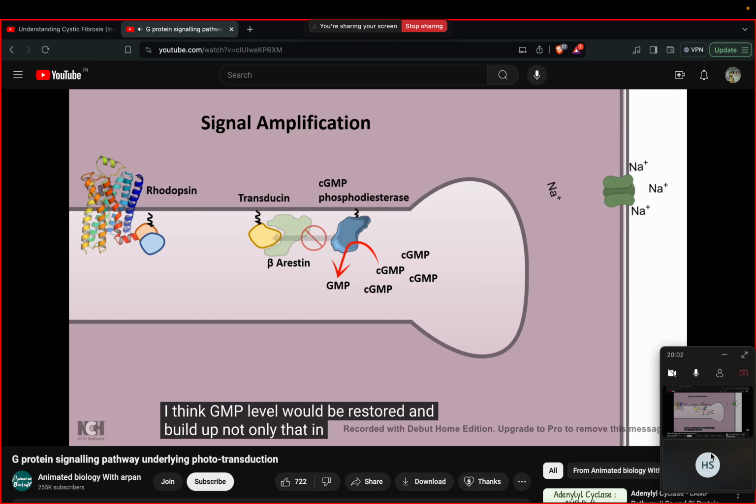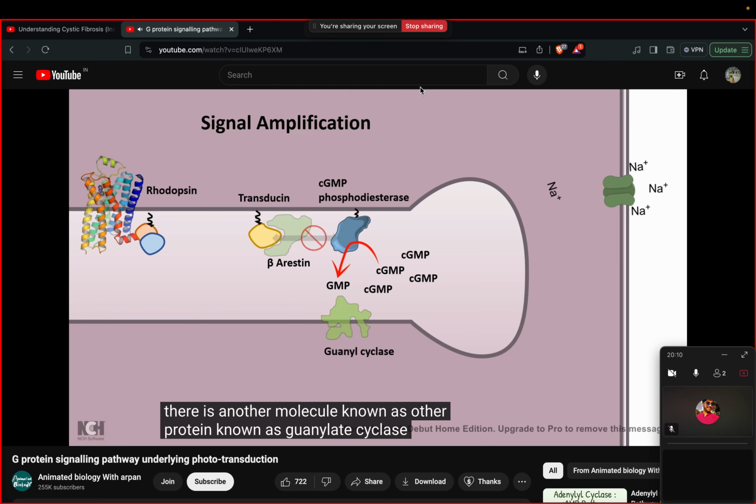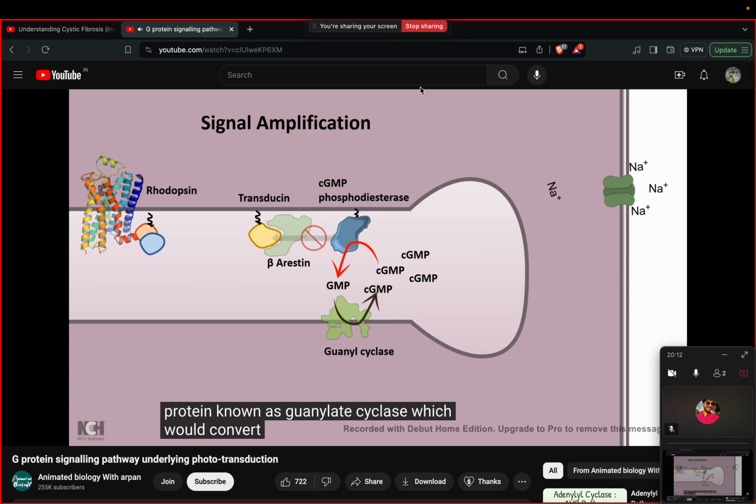Not only that, in absence of transducin activating phosphodiesterase, there is another protein known as guanylyl cyclase, which would convert GMP to cyclic GMP. Now, all these mechanisms in a combined way would restore the level of cyclic GMP.